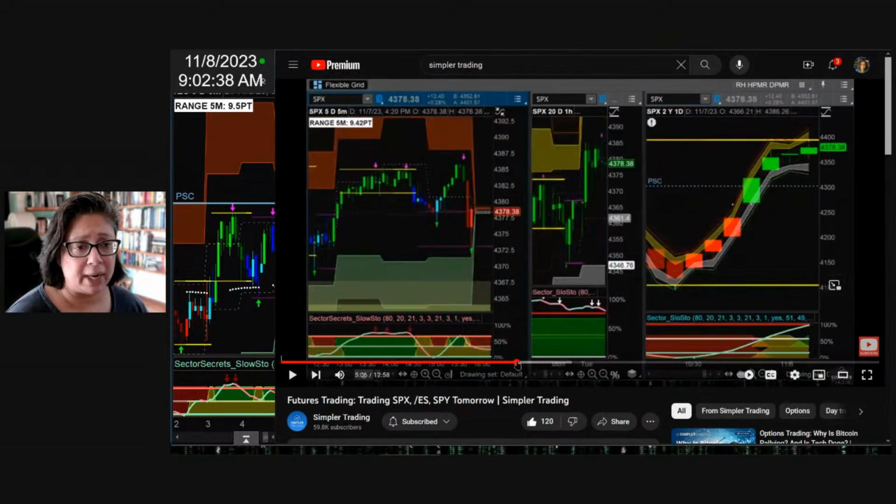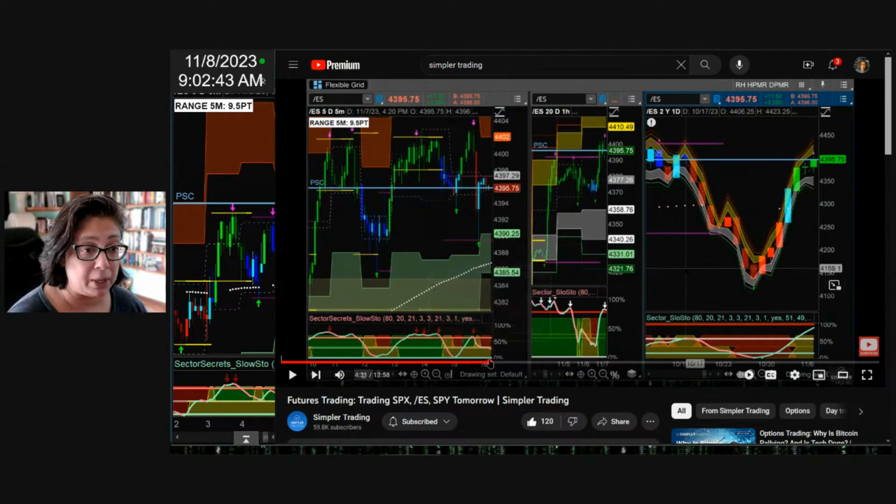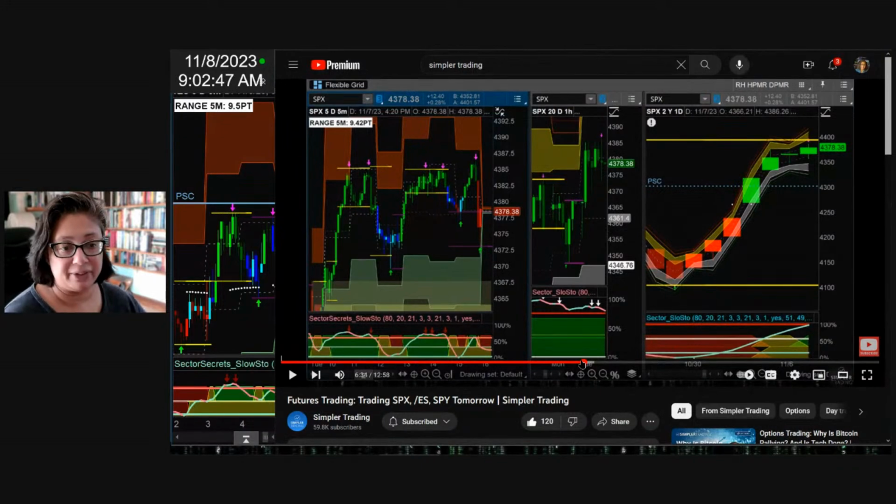And then once the bell rings, you're free to look at things like the ES still, SPY, SPX. And so I spent about the second half of the video breaking down HPMRs, DPMRs, the multi-trend, the grab candles, support and resistance levels on the SPX.